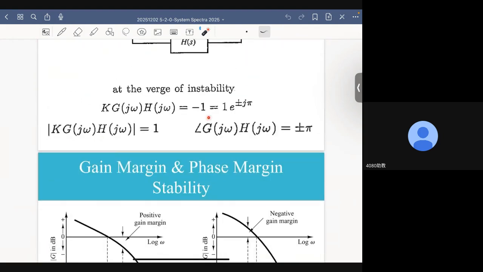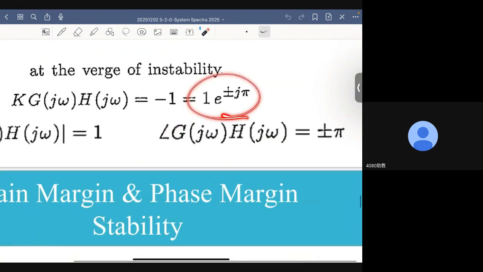And -1, if you use polar coordinate representation, has a magnitude of 1 and it has a phase of plus pi or minus pi.